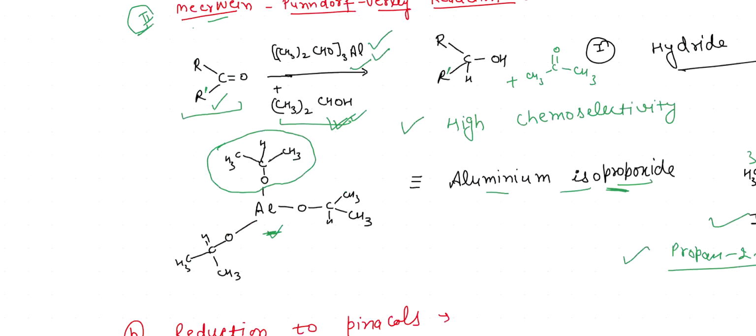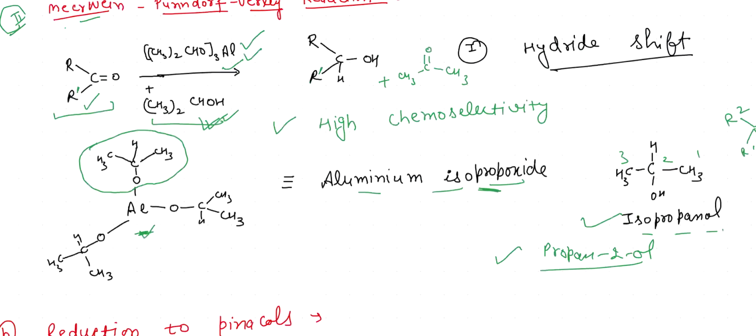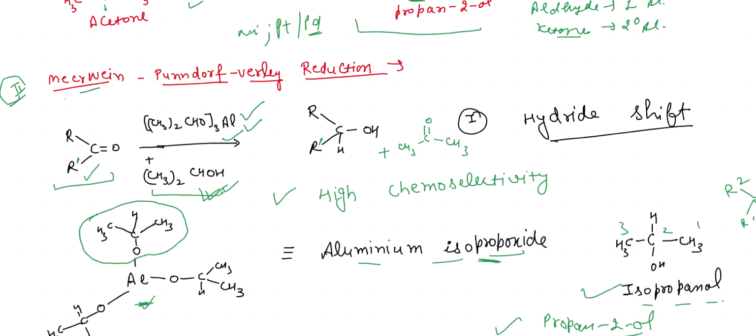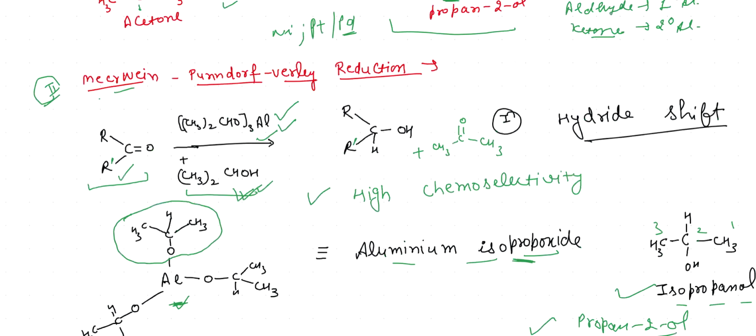So what is the advantage of this reaction? In this reaction, if you are using a particular ketone, this ketone will get converted into alcohol. Clear? And the solvent you have been choosing here is isopropanol. It will get converted into the ketone.